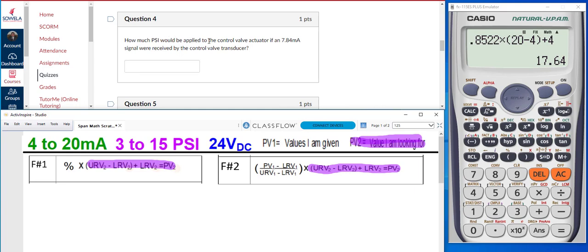How much PSI would be applied to the control valve actuator if a 7.84 milliamp signal were received by the control valve transducer? So the numbers I'm given, in this case, I'm given milliamps. So my number 1 numbers are going to be the values I'm given.